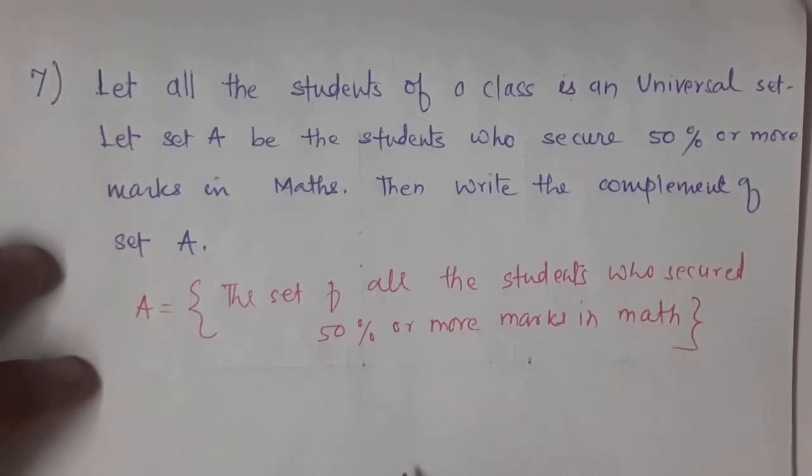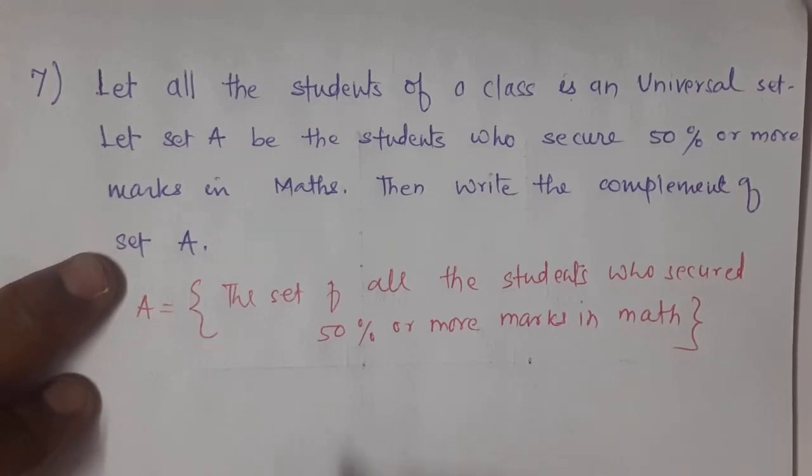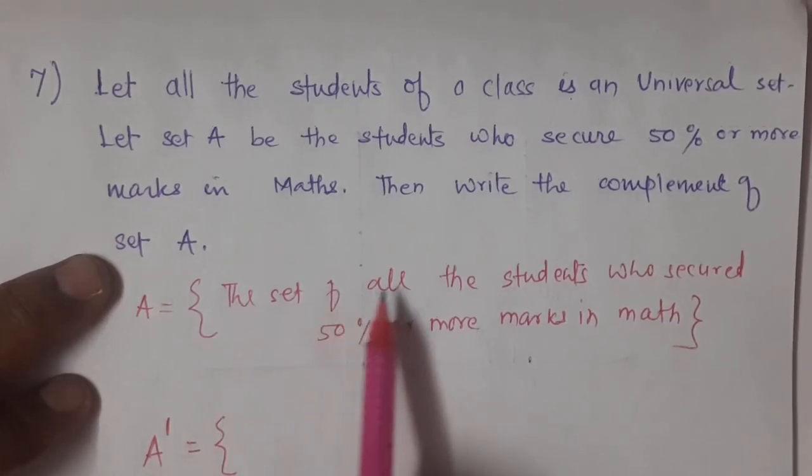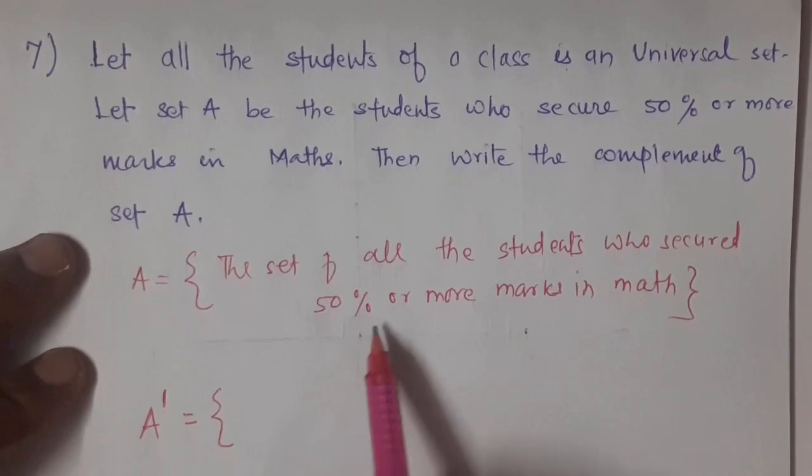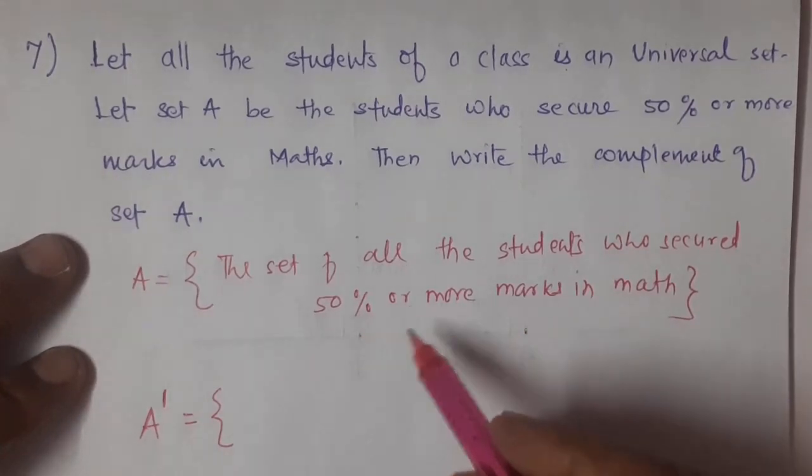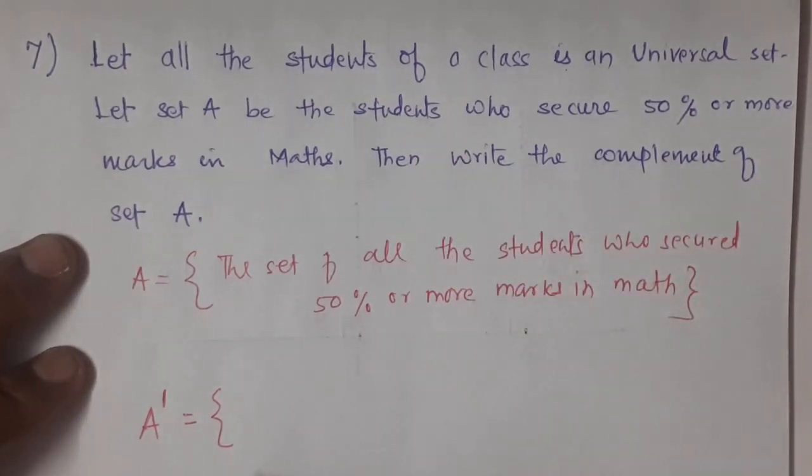Then write the complement of set A. This is the set of all students who secured 50% or more marks. What remains are the students who have secured less than 50% marks in math.